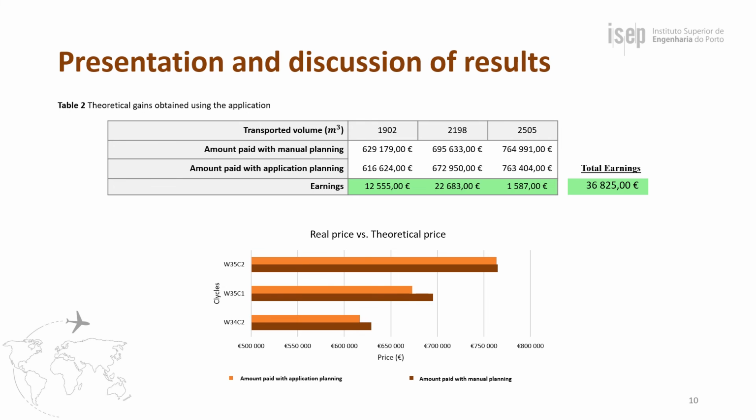With the results presented in Table 2, we can say that in only 3 shipping cycles, the use of the tool developed for export planning allowed the customer to save about €36,825. This represents a gain of about 2%. The significant gains obtained in only 3 uses of the developed application explain the advantages of using it.